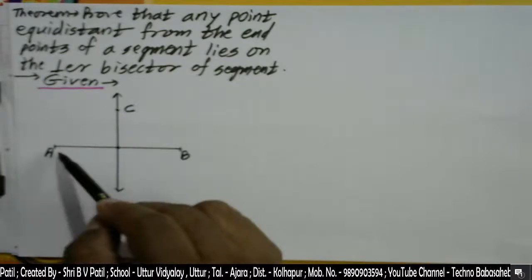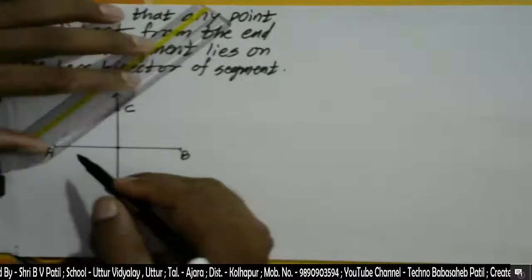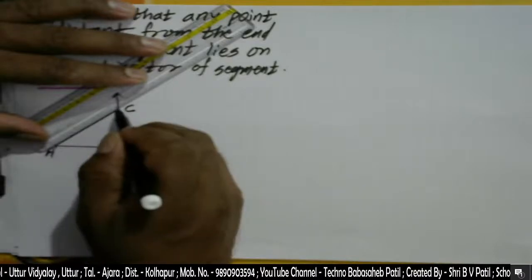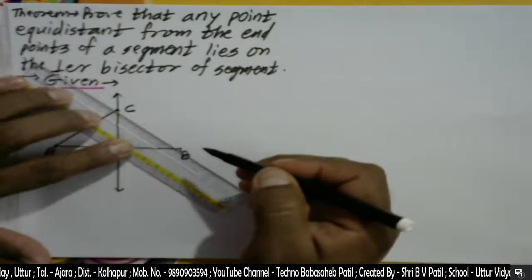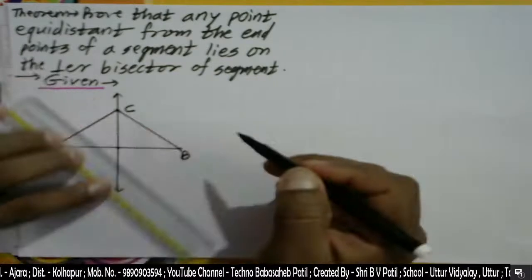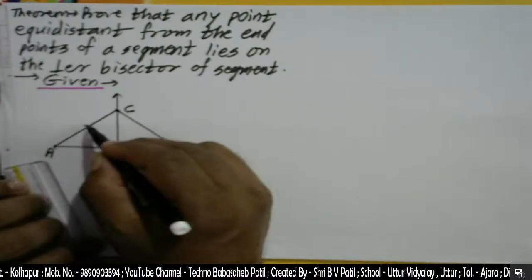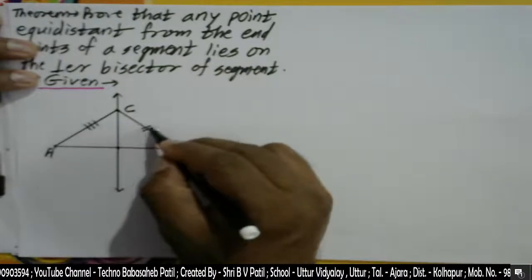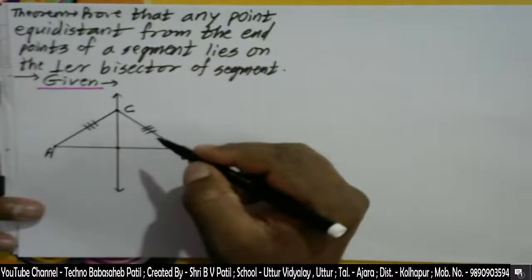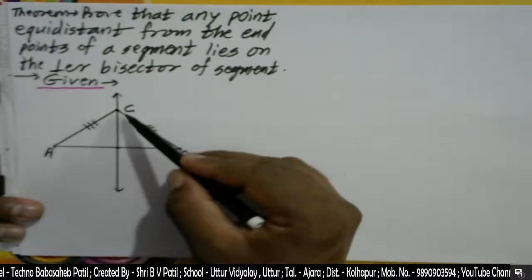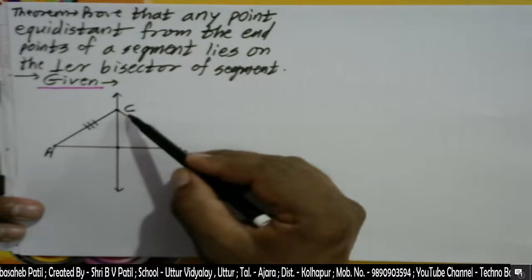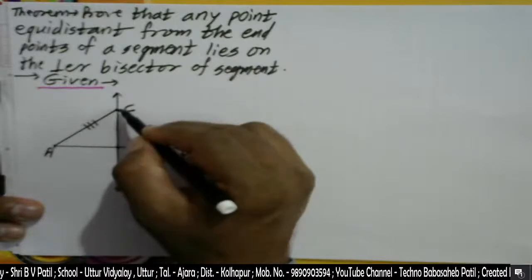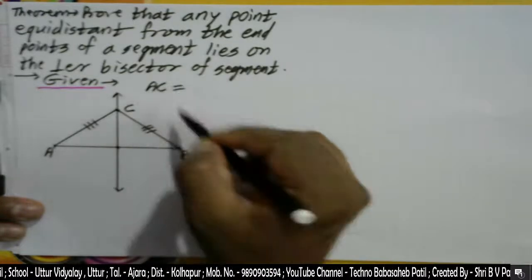A and B are the endpoints of segment, means that AC and BC distance is similar.